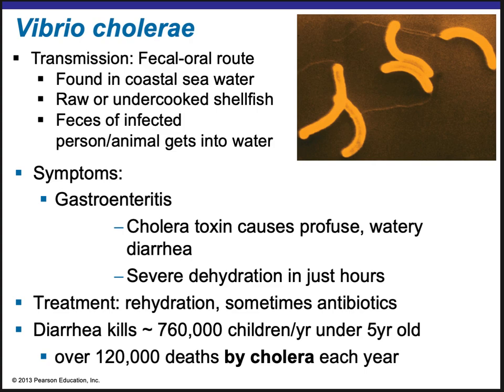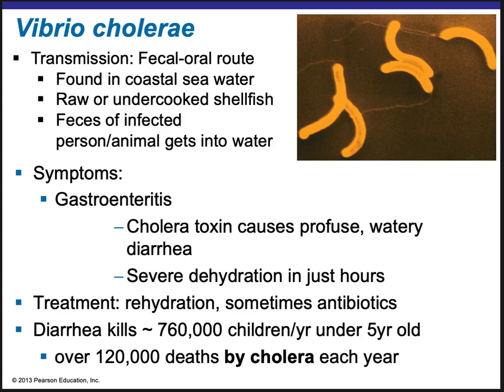But the idea is to show you that 5 years and under are the most vulnerable, right? They're the most at risk of dying from dehydration. Over 120,000 of the diarrheal deaths are specifically Vibrio cholerae.